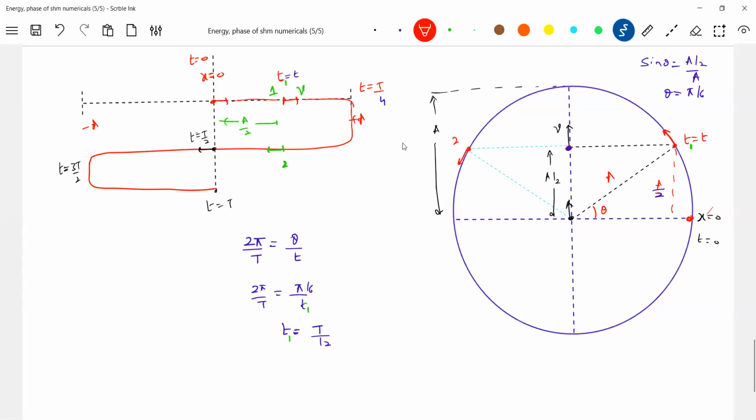Agree with this? The particle will be moving down. So what is the time taken to move from 1 to 2? Again, this should be theta only, or say some alpha, whatever you want to call it. Let me take that as beta.